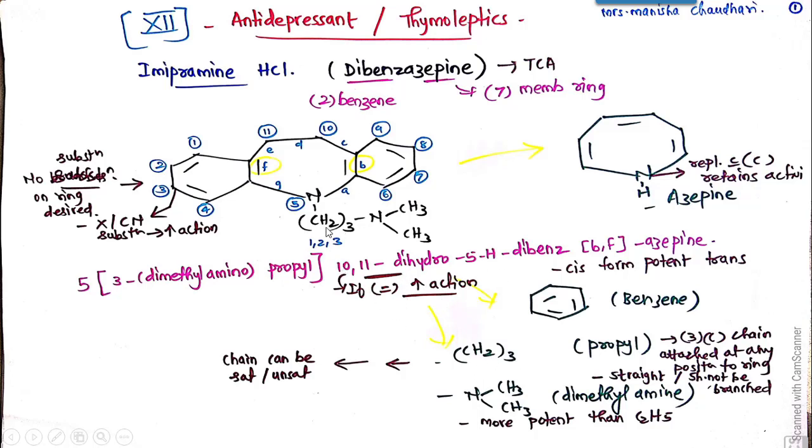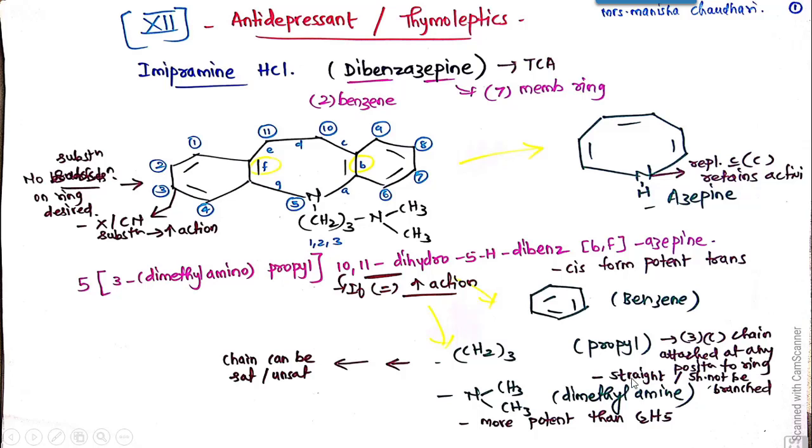Why this propyl only, why is a 3 carbon chain there between the azepine ring and the substituent? Why is this 3 carbon chain distance desired? This 3 carbon chain distance from the nitrogen of azepine is desired because it is the minimum possible distance which can lead to an active derivative. So a 3 carbon chain attached at any position to the ring is desired.